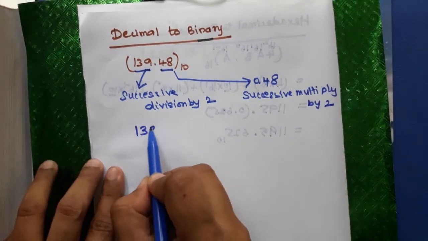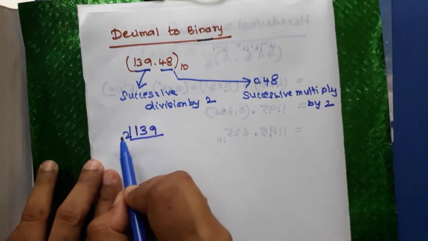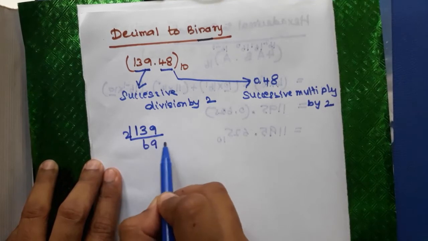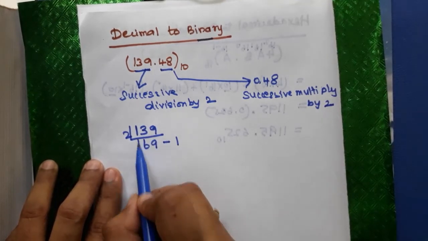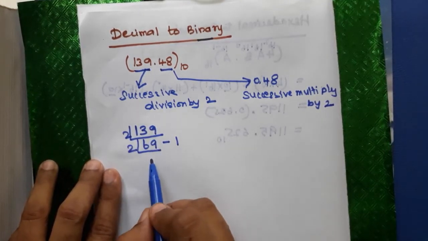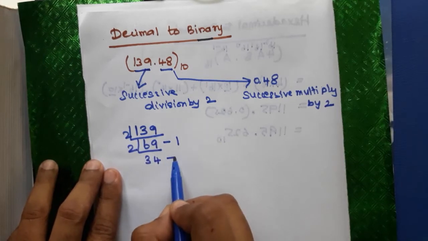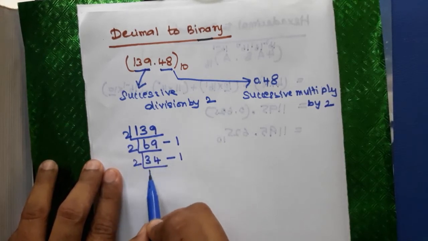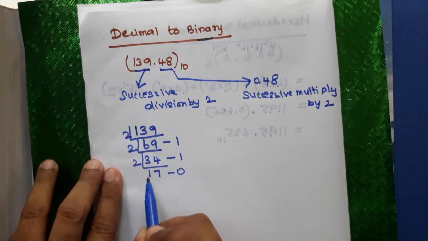I am taking 139, dividing by 2 gives me 69 and the remainder is 1. Again dividing by 2, the quotient is 34, remainder is 1. Divide by 2, remainder is 0.